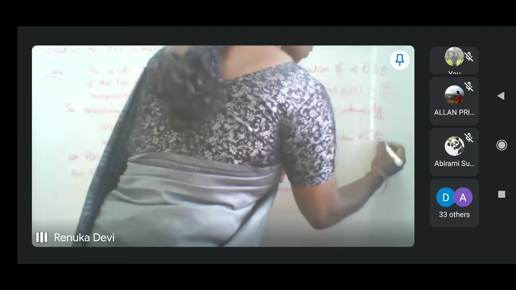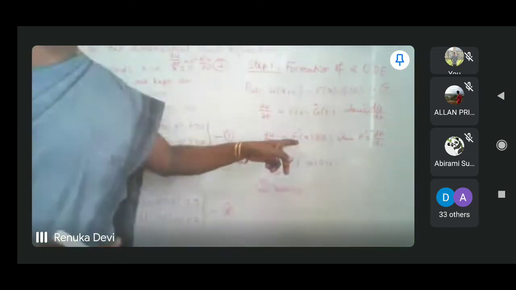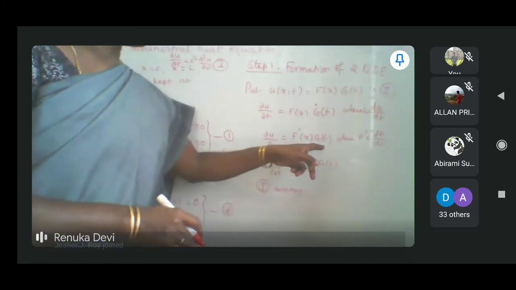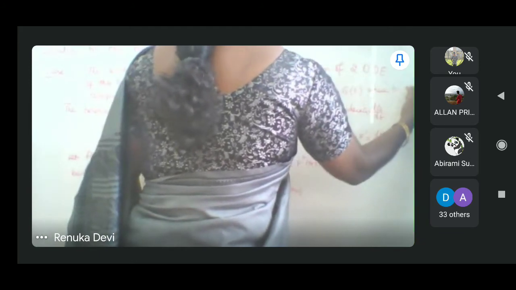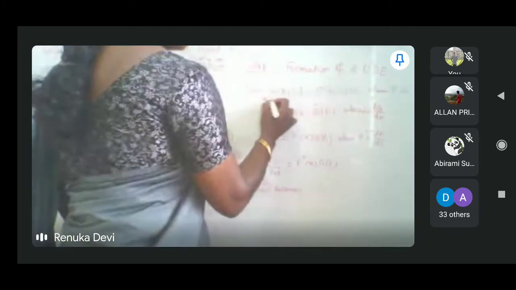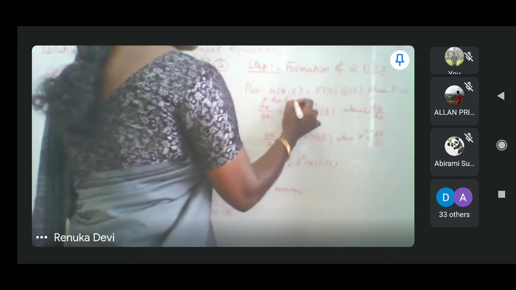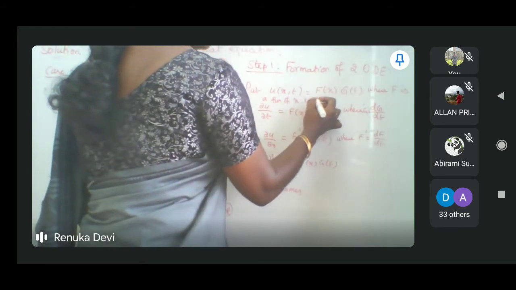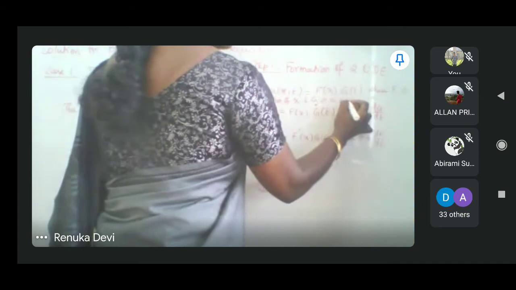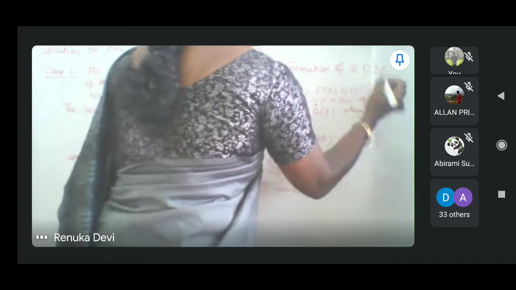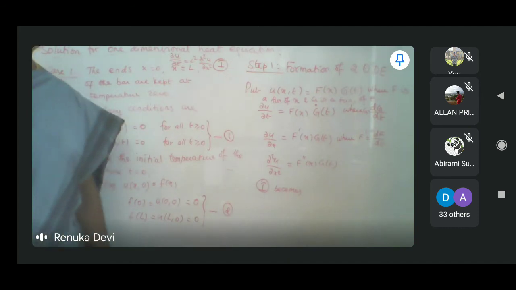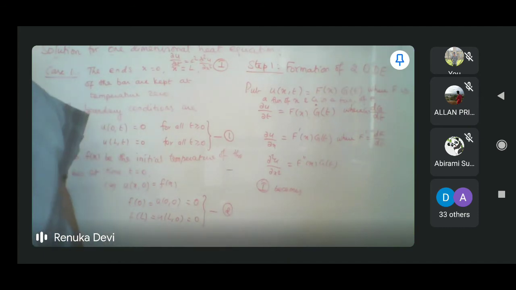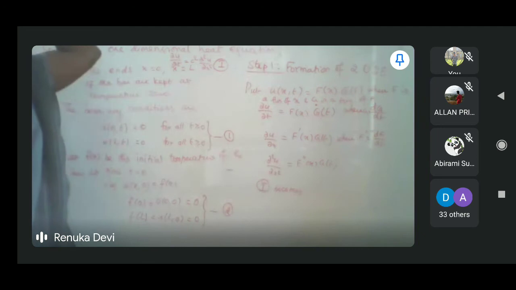This is also a total derivative because f is a function of x alone and g is a function of t alone. Okay, it consists of only x and only t.